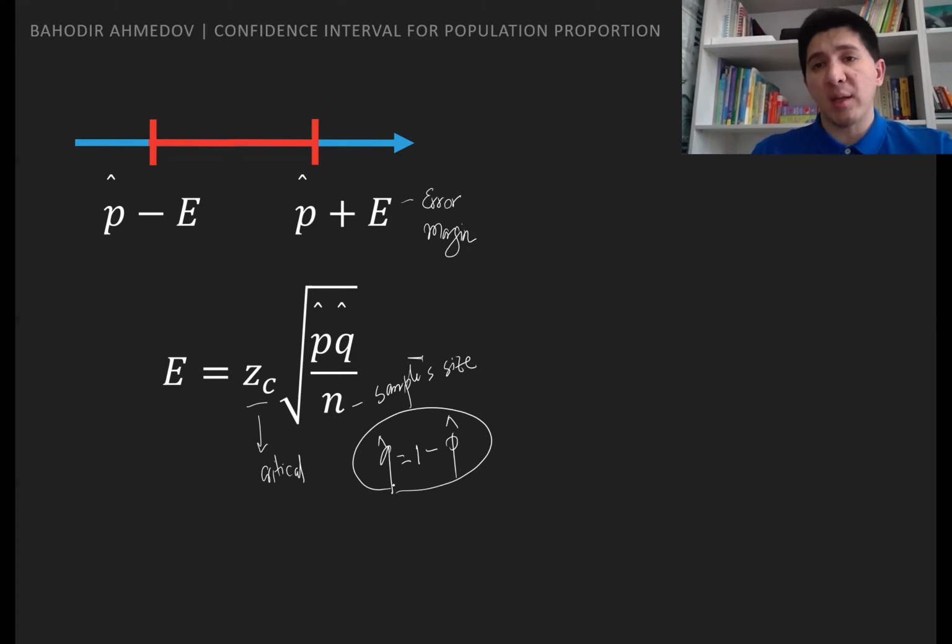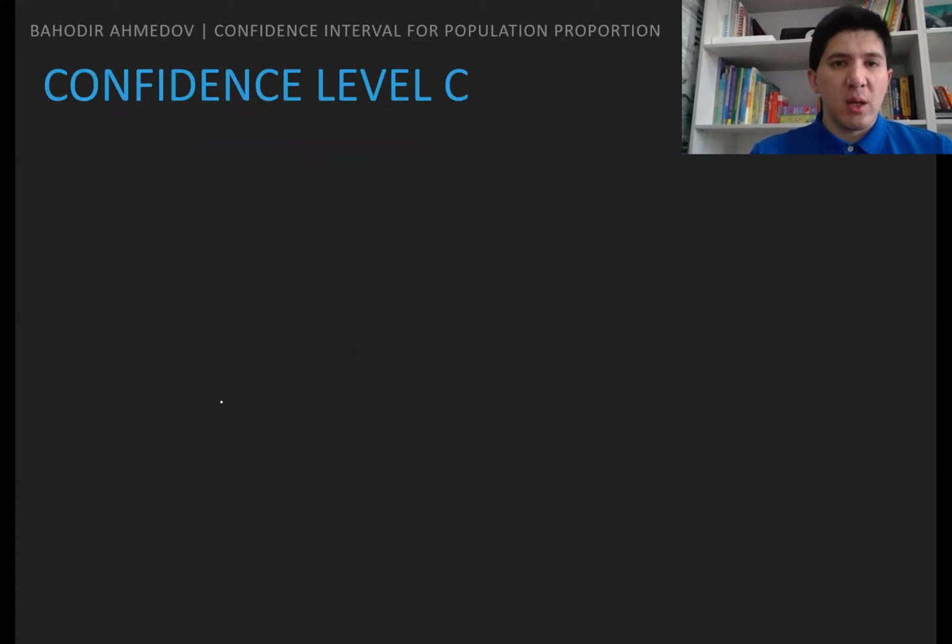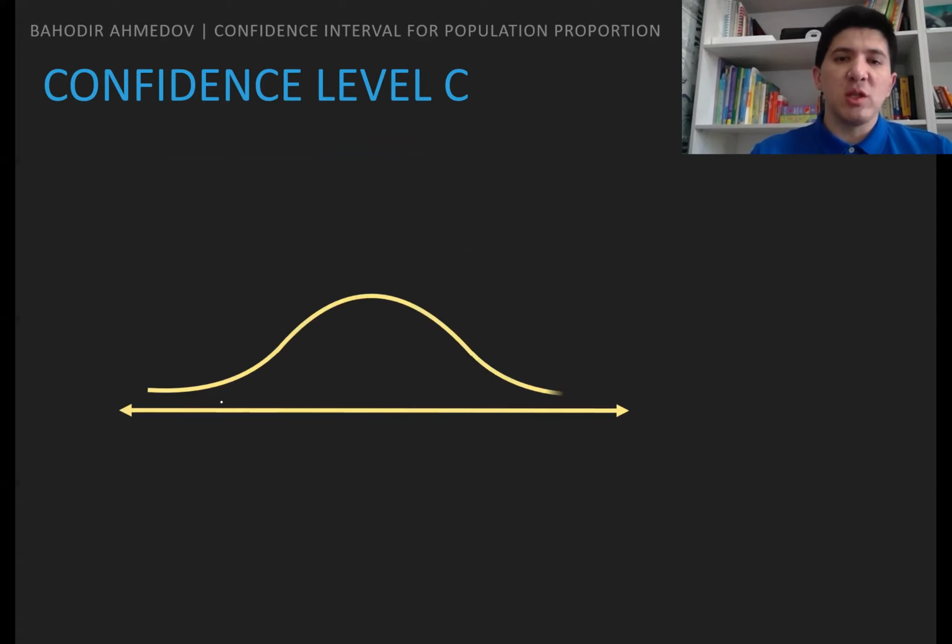We are going to come back to this error estimate formula and do an example. So now let's concentrate on this critical point. If you remember how we calculated this for the mean, we are going to use the normal distribution in order to calculate it. Our confidence level basically tells us how confident I would like to be about my interval.